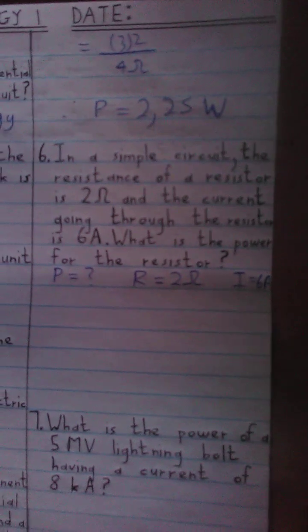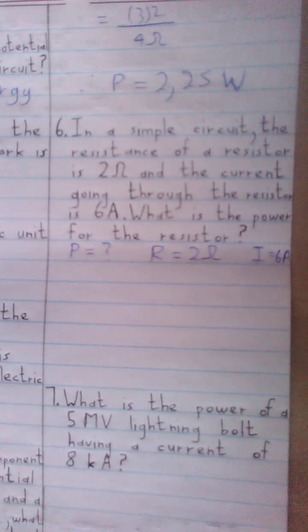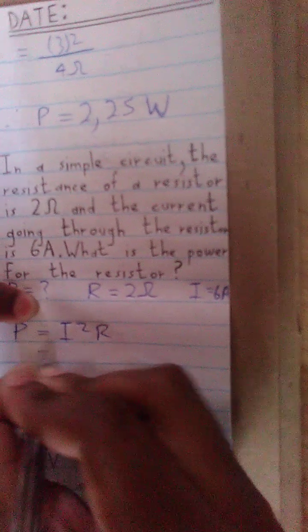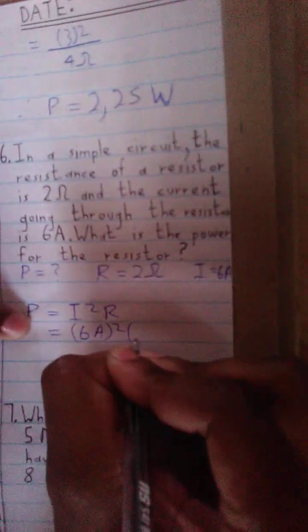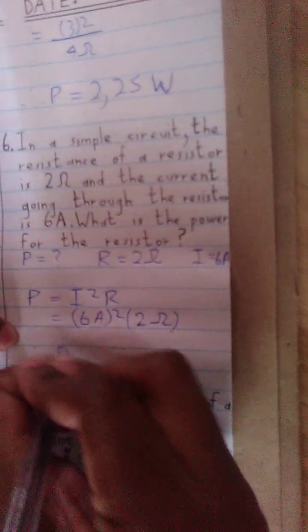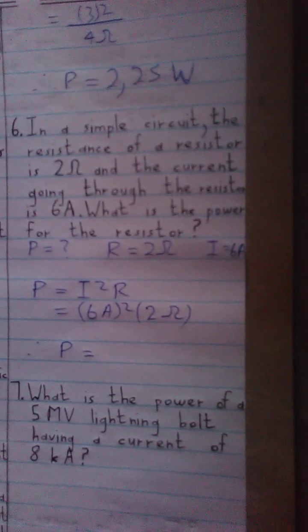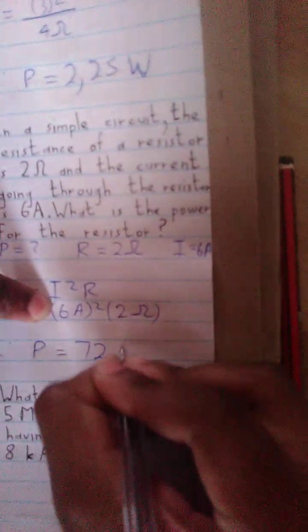So we go to the information sheet, the formula which has I and R. So P is equal to I squared R. What is I? 6 amperes squared. What is R? 2 ohms. So power is 72 watts.